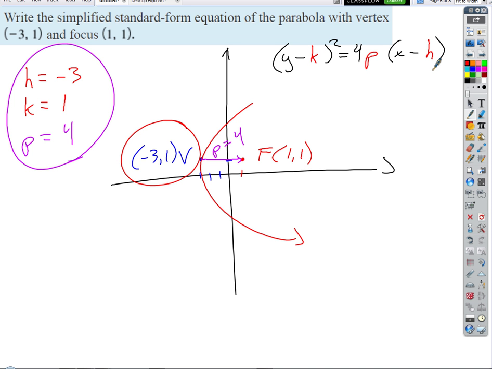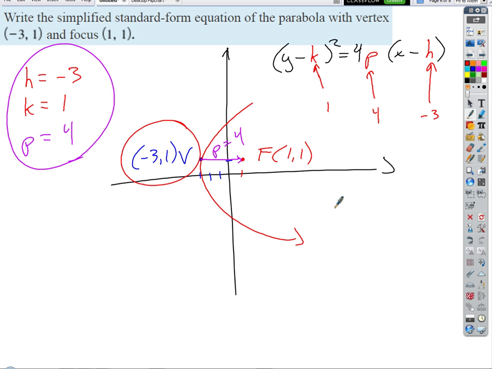And I'm just plugging those values in. So I'm plugging in 1 for k. Whoops, sorry, I said -3 before, it's 1 for k. Right? Everybody see that? -3 for h and 4 for p.